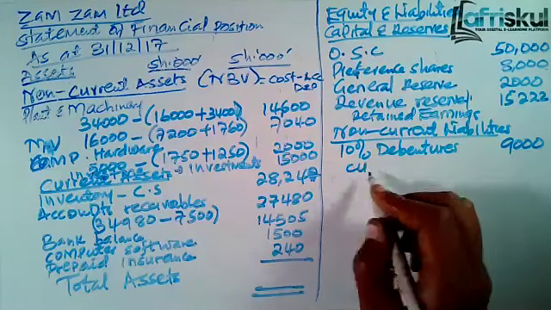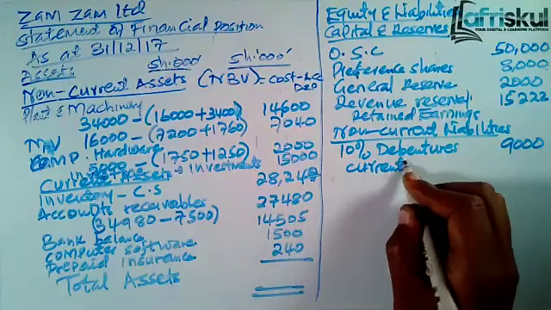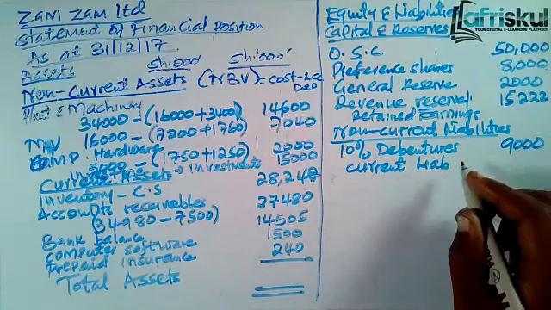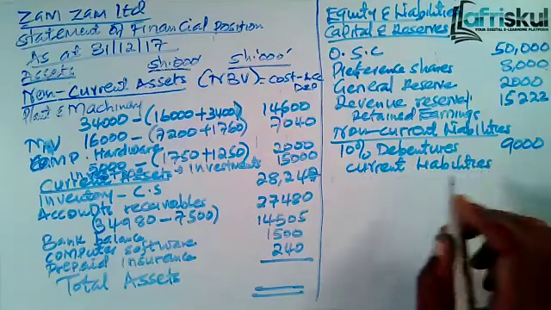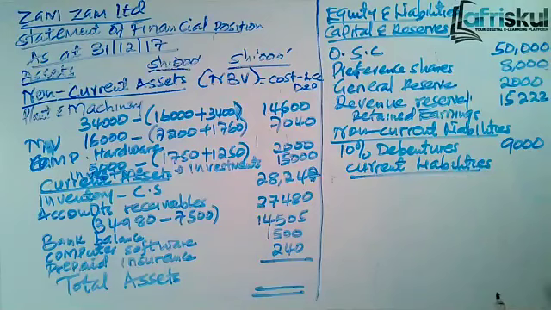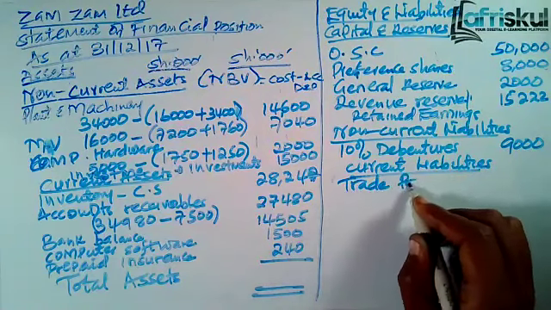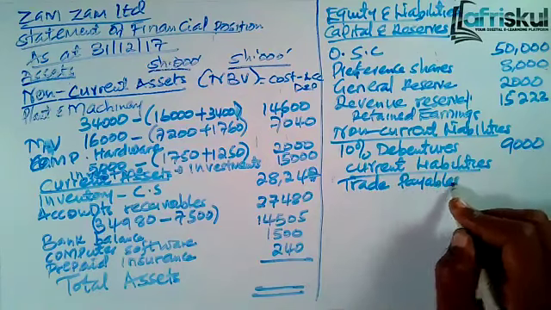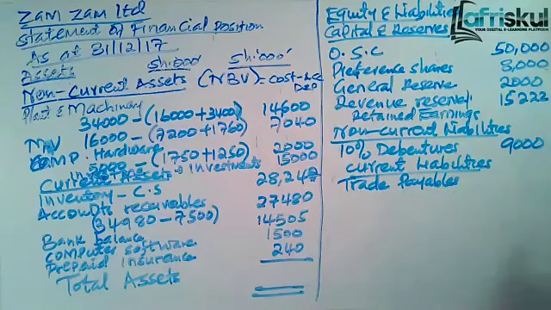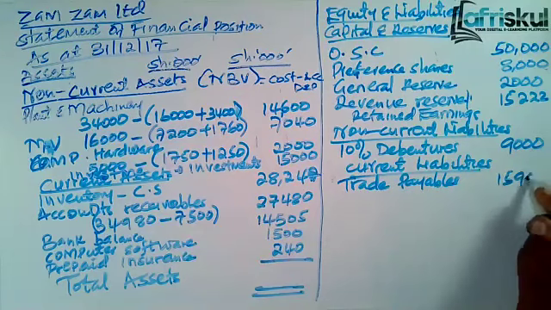And then the last part is on the current liabilities. Therefore, we have the trade payables, which on the trial balance I'm having a value of 15,900.